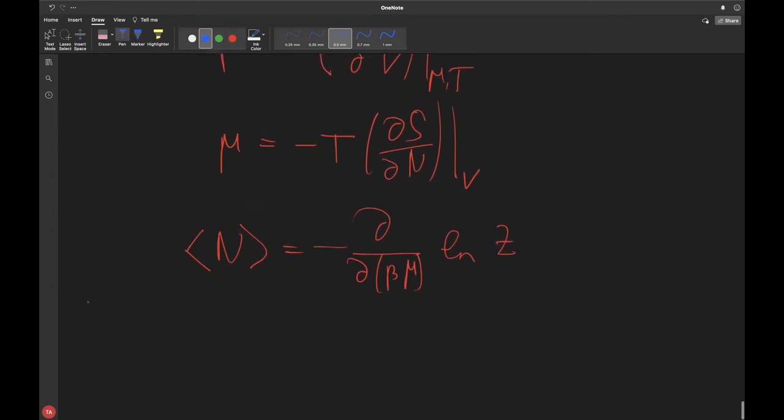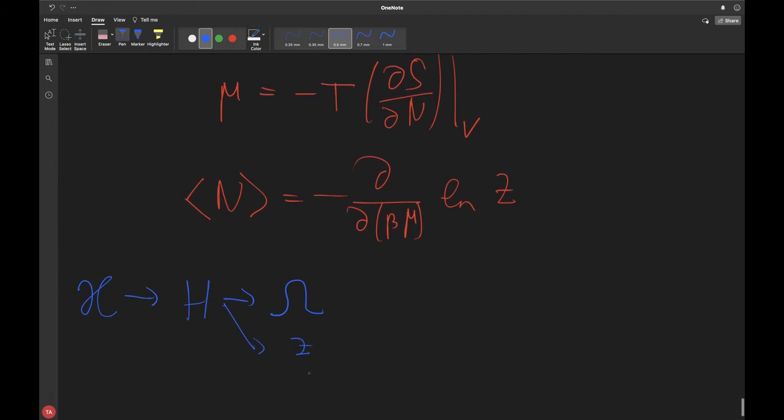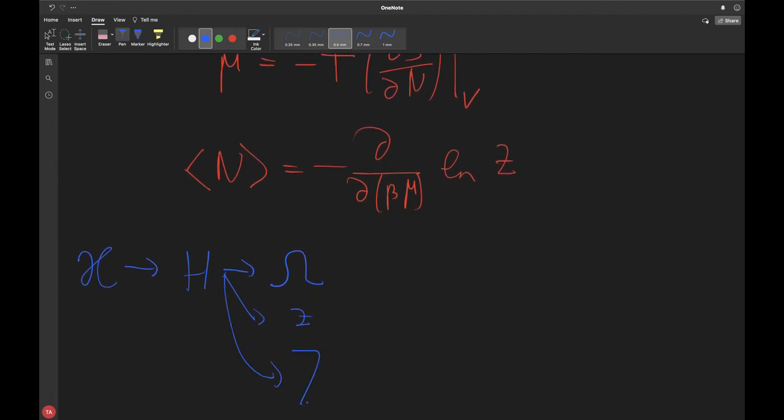So I'd like to recap a bit that what really happened here is that we took the Hamiltonian function of a system, and from the Hamiltonian density, we get to the Hamiltonian, from which we got to the omega, or we could get the Z for the closed system, or the uppercase Z for the open system.